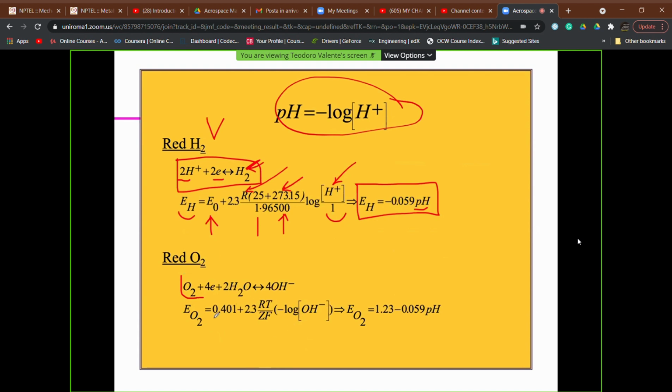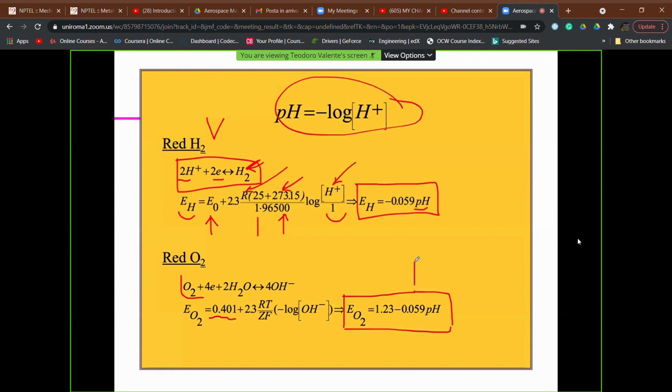With the same approach, we can write the Nernst equation for the reaction of oxygen, and since the E0 value of the reduction of oxygen, referred to the standard 0 value for the reduction of hydrogen, is plus 0.401, when we put the figures here, we get an equation which is different from the previous one, remembering again the relationship between H plus and OH minus and the pH.